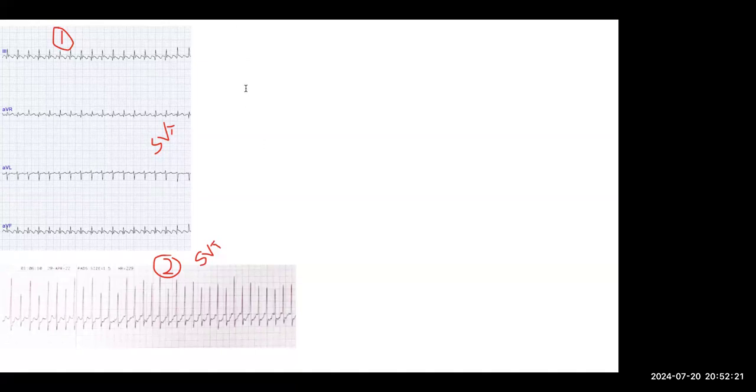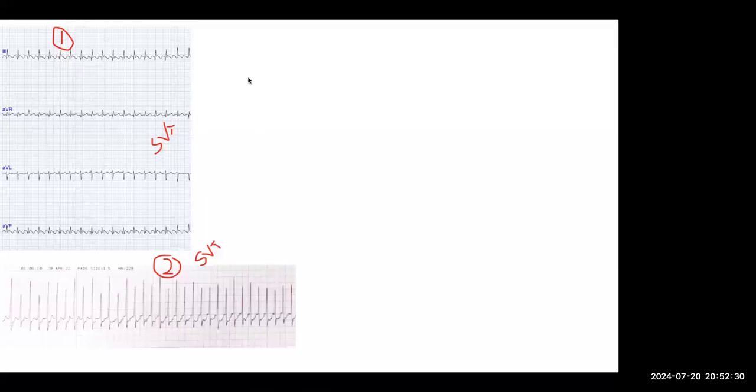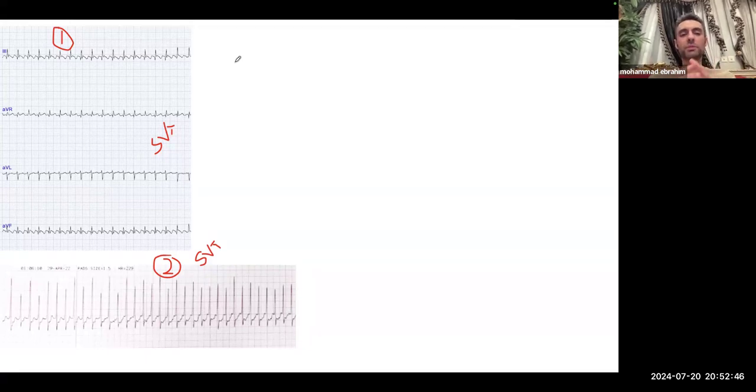As one of my colleagues said, it could be carotid massage or vagal stimulation. Carotid massage we don't usually do in pediatrics; it's more adult. So vagal maneuvers or adenosine. Again guys, I'm trying to simplify arrhythmias for you, because most people worry about arrhythmias so much, but in reality most of the time you should not worry about it so much.